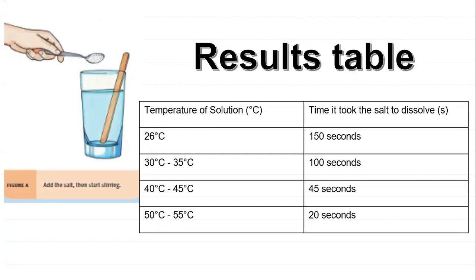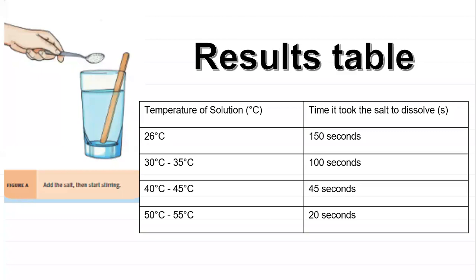So guys, on the right, it is indicating the time it took for the salt to dissolve. And this time is recorded in seconds. Okay, so the cup at which the water was at 26 degrees Celsius, it took 150 seconds for the salt to dissolve. And then the cup at which the water was between 30 degrees Celsius and 35 degrees Celsius, it took 100 seconds.